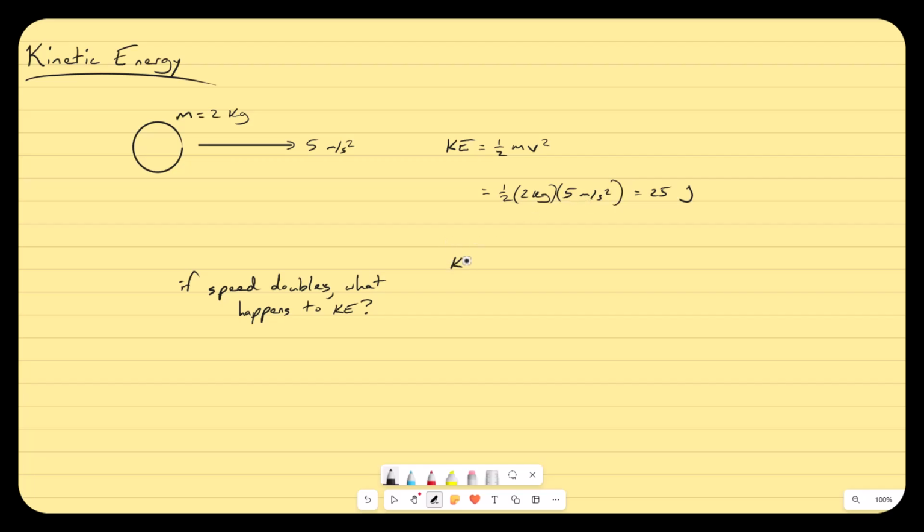So we're going to say kinetic energy new equals half 2 kilograms times 10 meters per second squared, which is 100 joules. So when our speed has doubled, our kinetic energy has quadrupled.